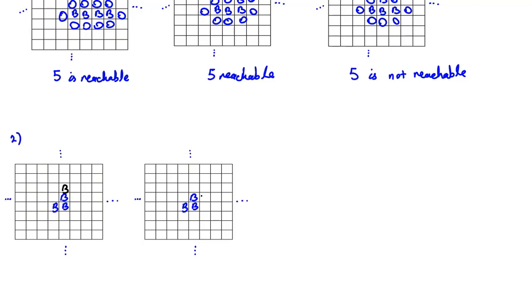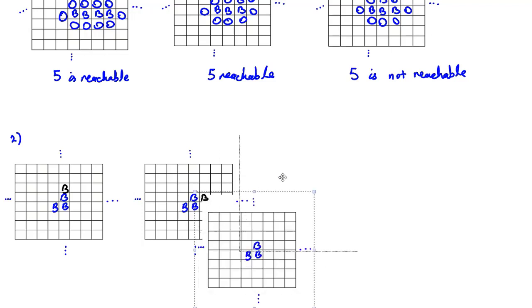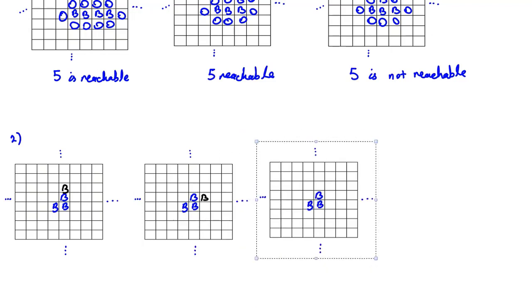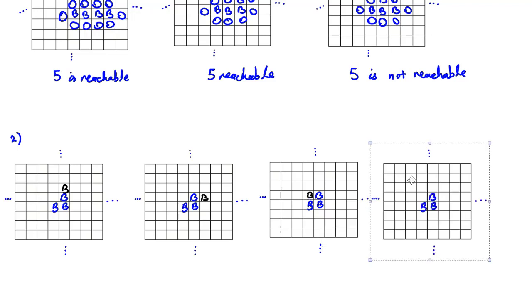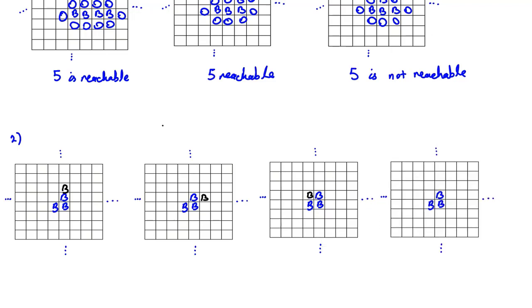Another case is we have B here. Another case is we have B here. Another case, so 1, 2, 3, 5. B here is another case.